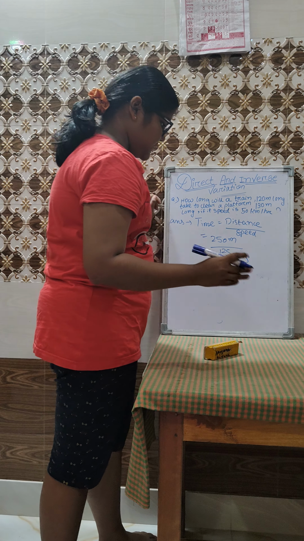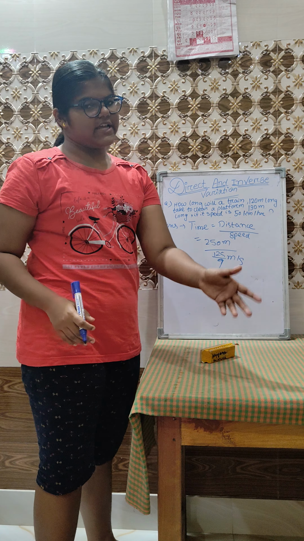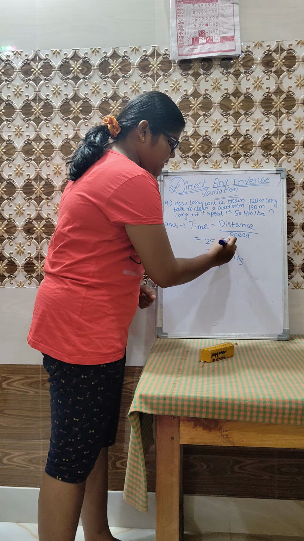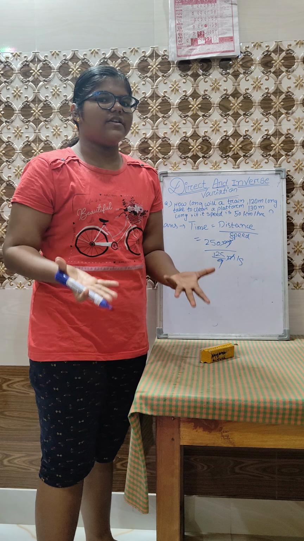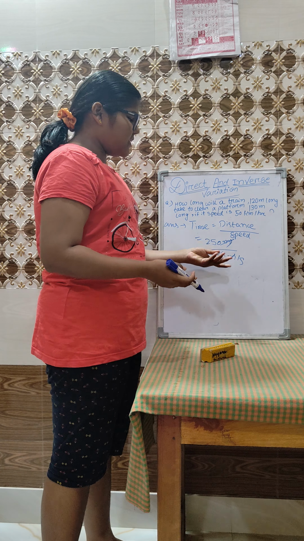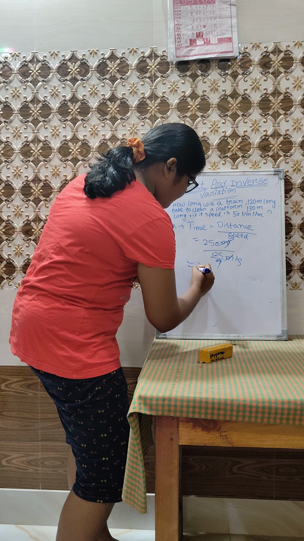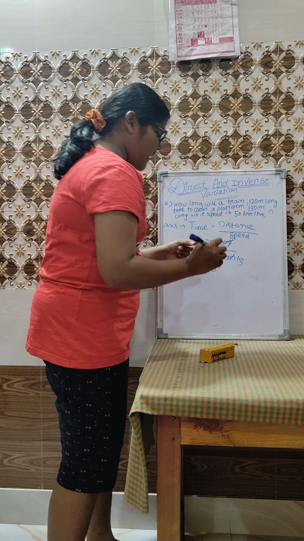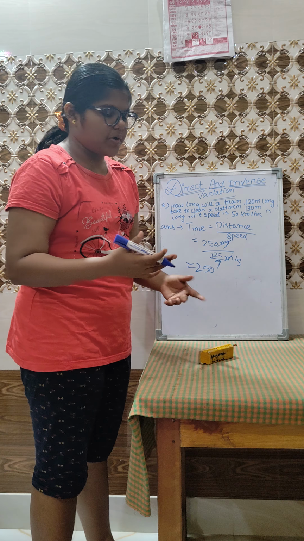So look friends, here meter by second, and here is division. That means meter will cut, and now we are left with seconds. I already told that the time will come in seconds. Now let's quickly solve it. 250 here divided. So when we go up, it will be reciprocal.